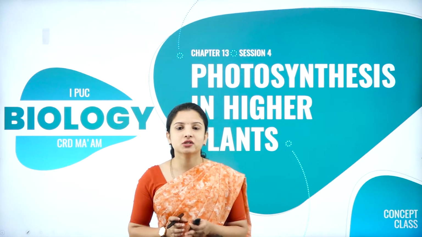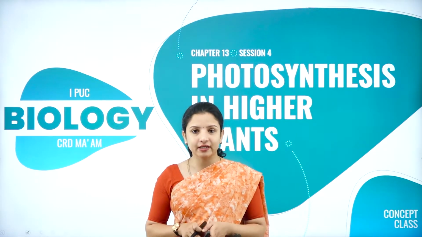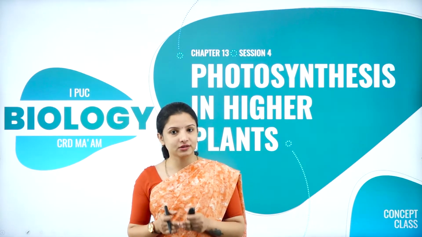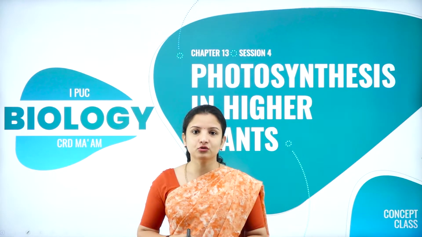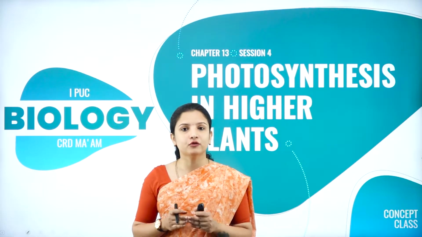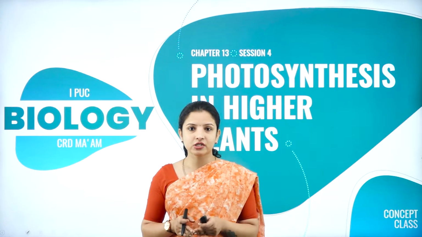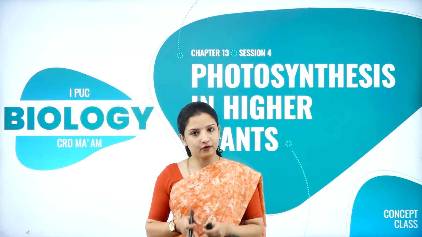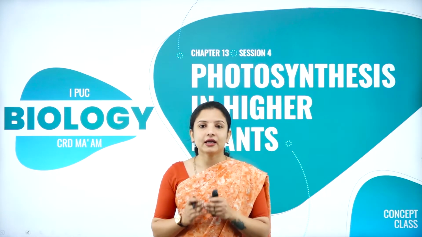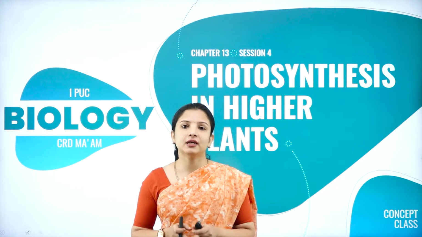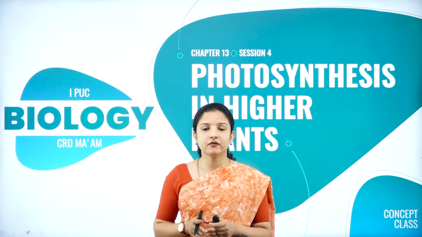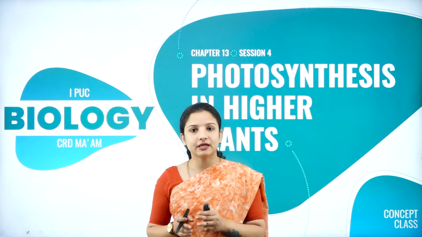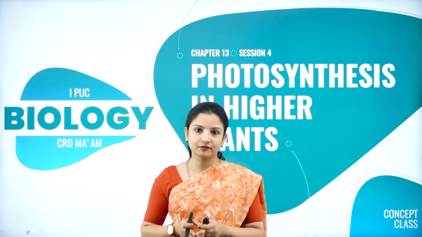In the previous session, we discussed the light reaction of photosynthesis, which occurs in the grana of the chloroplast. Under the light reaction, we studied two important light harvesting complexes, photosystem 1 and photosystem 2. If both photosystem 2 and 1 are involved, it is called the Z scheme or non-cyclic photophosphorylation. On the other hand, if only photosystem 1 is involved, where the light harvesting complex is P700, it is considered cyclic photophosphorylation.